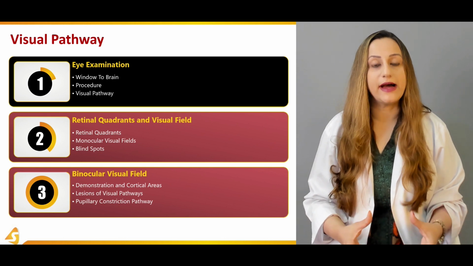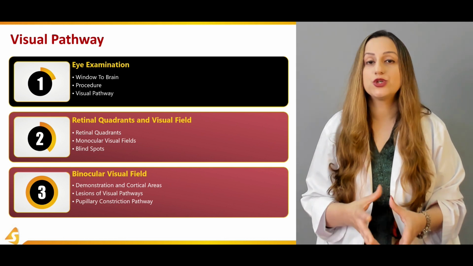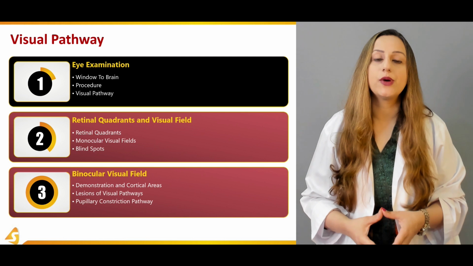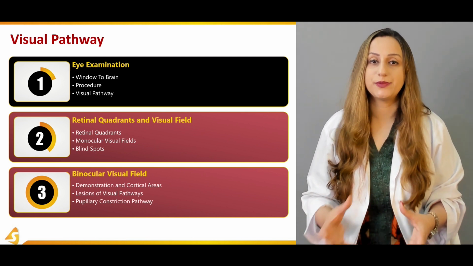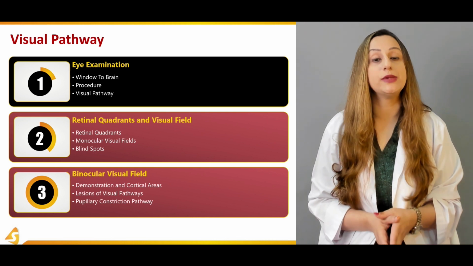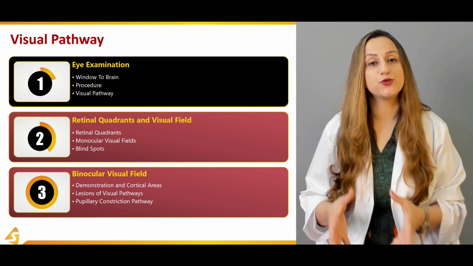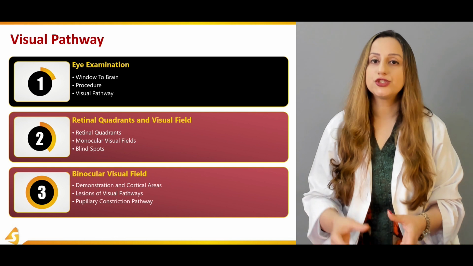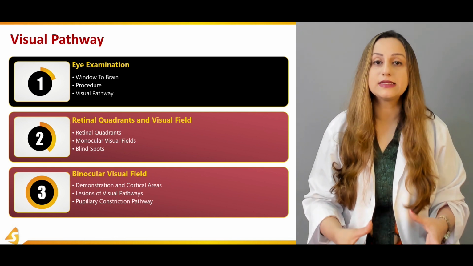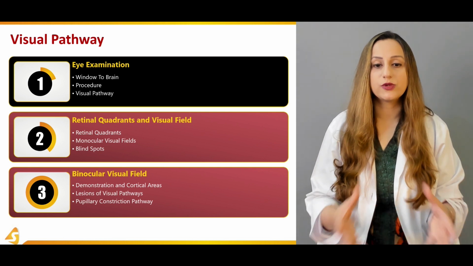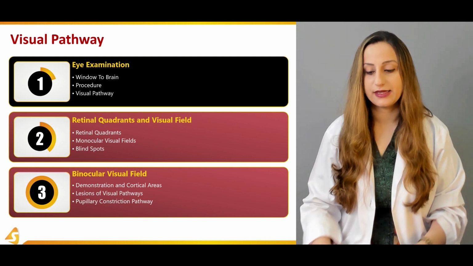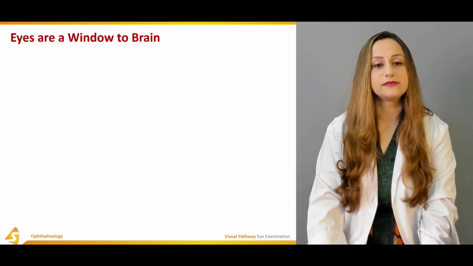Whenever we find any defect in the visual field of a person, one should know how to document it when writing down the history, or when writing down the findings of visual field testing. One should know how to label these visual field effects in that particular person. This is what we're going to discuss over here in this very first section.